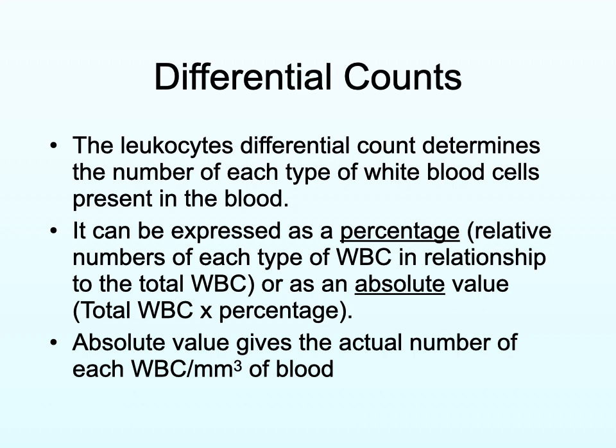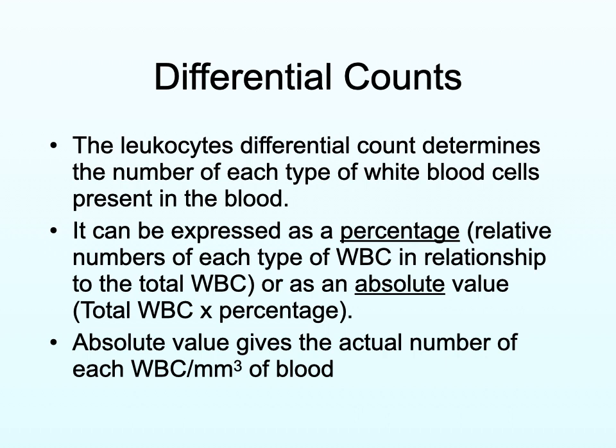Now, the differential counts. The leukocyte differential count determines the number of each type of white blood cell present in the blood. It can be expressed as a percentage, which is the relative number of each type of white blood cell in relation to the total white blood cells, or as an absolute value, which is the total white blood cells times the percentage.